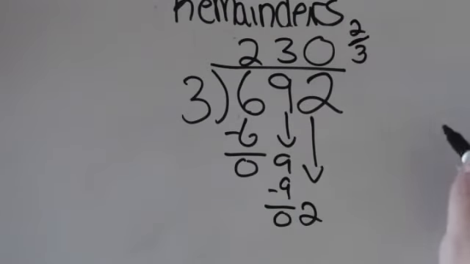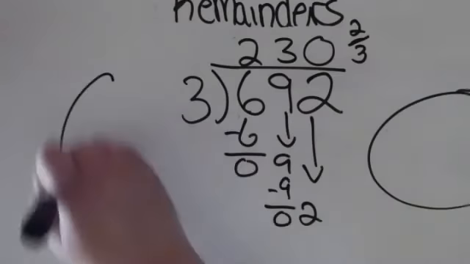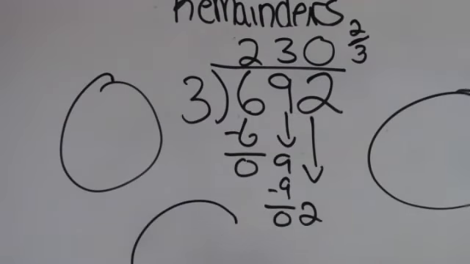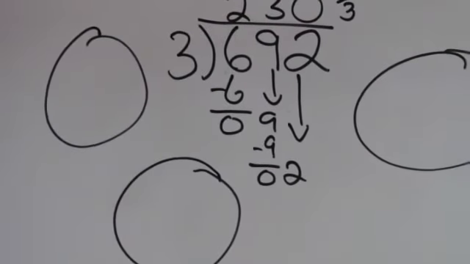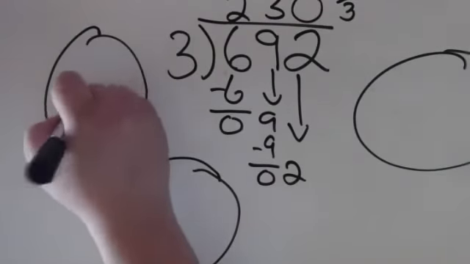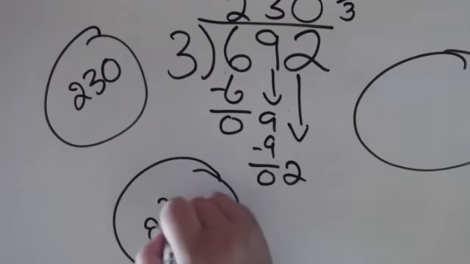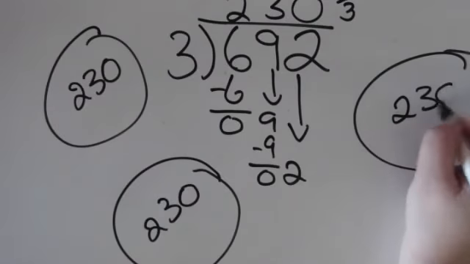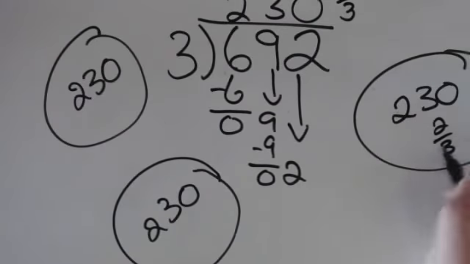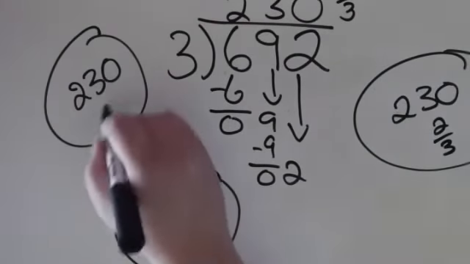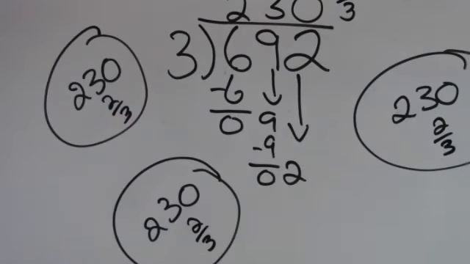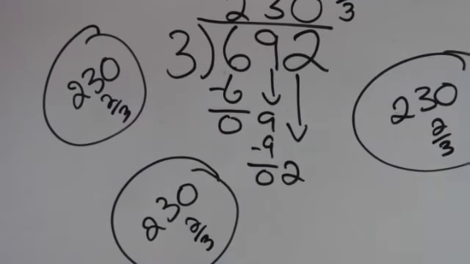Because again, if I had 3 groups that each have 230, 230, and 230, I would need 2/3 in each group to make my wholes that are left over.